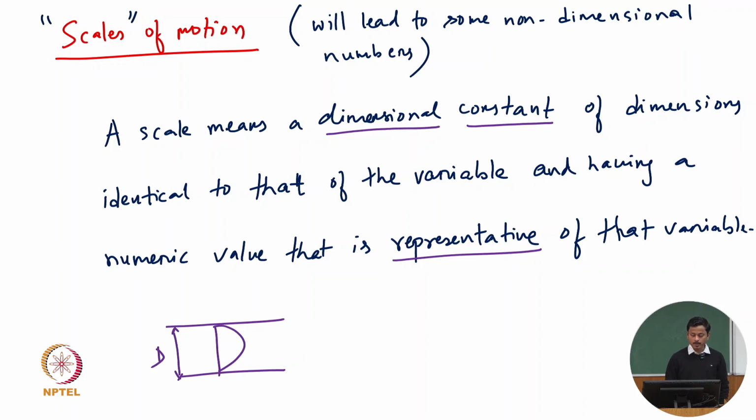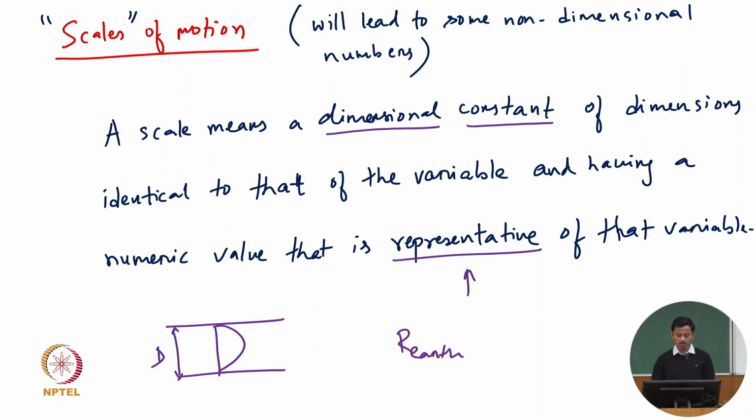So you can certainly select any other length scale. For example, you can select the radius of the earth to be a scale of length, but that will not satisfy this criteria, that this is representative of that variable.